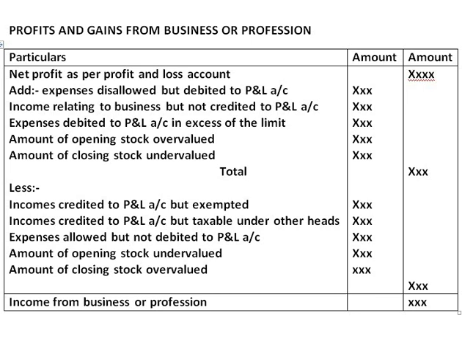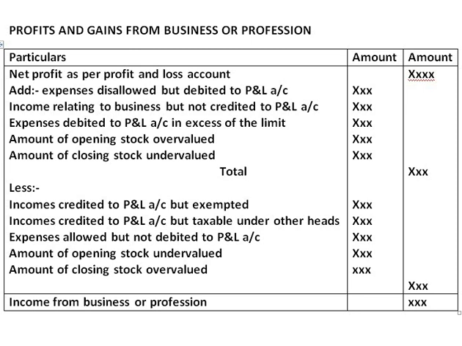Third is expenses allowed but not debited to P&L account. If any expenses which are related to the business and allowed in nature are not debited to P&L account, then those expenses need to be deducted, meaning they are to be minus from the net profit.